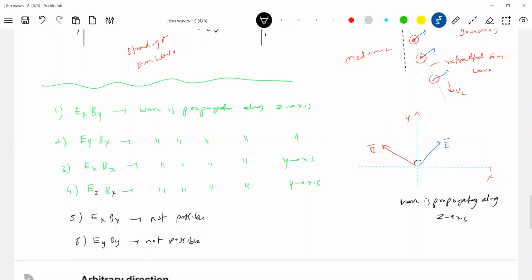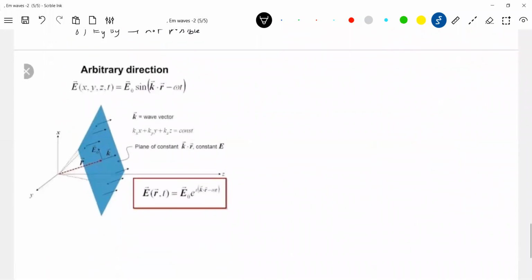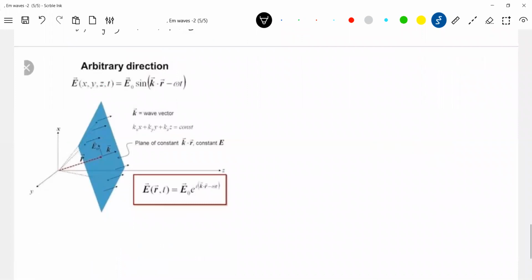Okay. Now how to show that a wave is propagating in a plane? We go for a general representation like this. K vector.